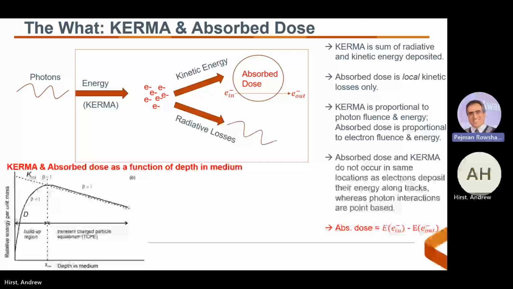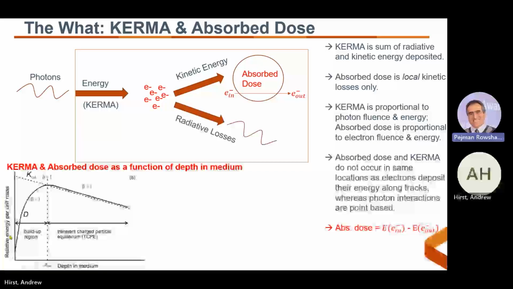This is a useful diagram. Not sure if you've seen it before, but it shows you a plot of the collision KERMA, which is the energy that's transferred to electrons that then deposit the energy in a kinetic manner rather than a radiative manner.